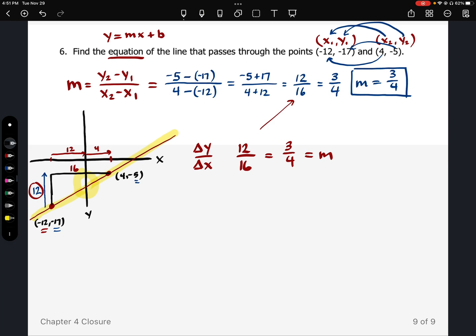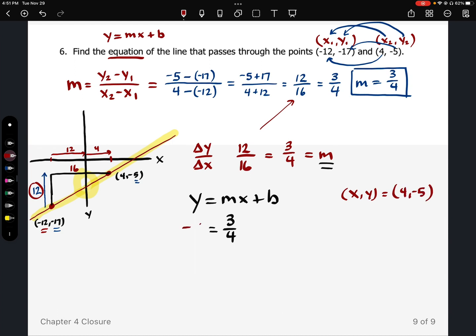Let's take that information that we know, y equals mx plus b. Since we know m, we'll put in that 3/4. And now we need to plug in something for x and y. And you can use either of the points. I think I'm going to just use my (x, y) as being (4, -5).